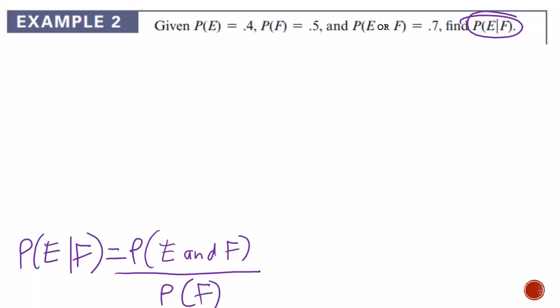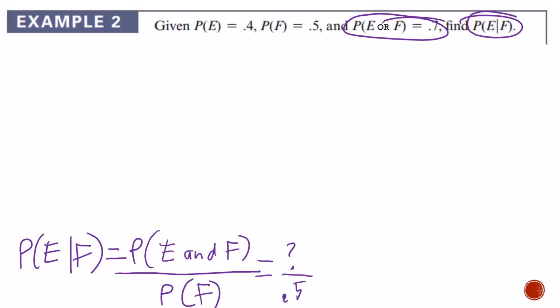I think what you're saying is we don't have the and. This is still not known. We know we have part of this. This is 0.5, but this over here is still a question mark. And instead we have something else. We have the or, but we want the and.